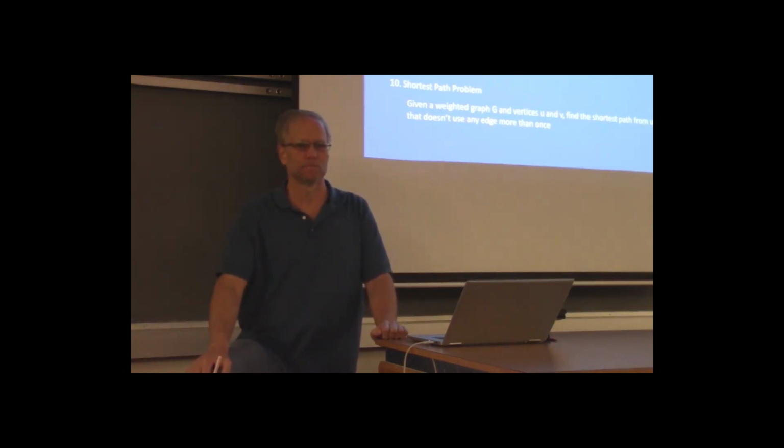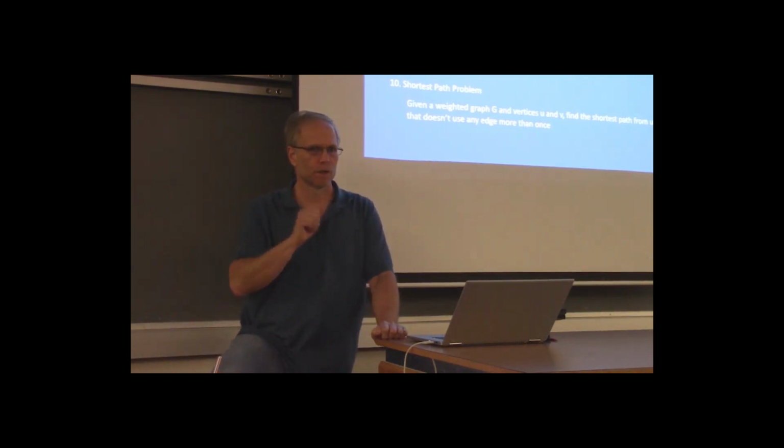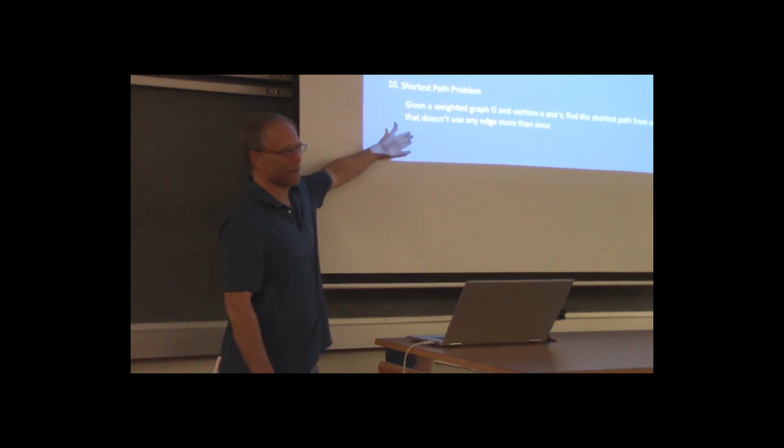Yeah? What's the difference between the shortest path problem and something that Dijkstra's would solve? Because Dijkstra's is polynomial, right? Right. But for Dijkstra's, we said no negative edges. For Bellman-Ford, we said no cycles of negative cost. This isn't saying anything about negativity.